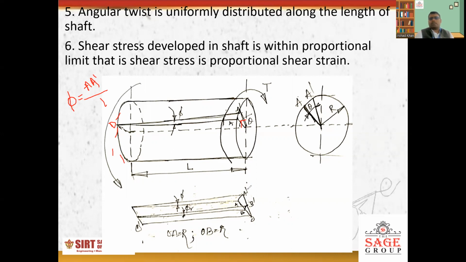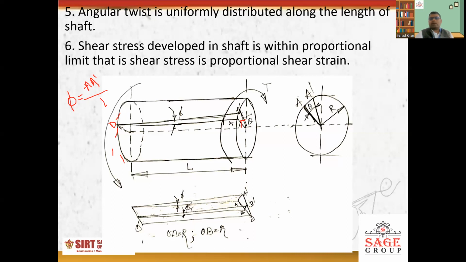And to understand the third point, which I told you in the assumptions: if there is another element, OB, below A, after the application of the twisting moment it reaches from B to B dash, and it makes a different angle here, that is phi r, at a distance small r from the center of the shaft.